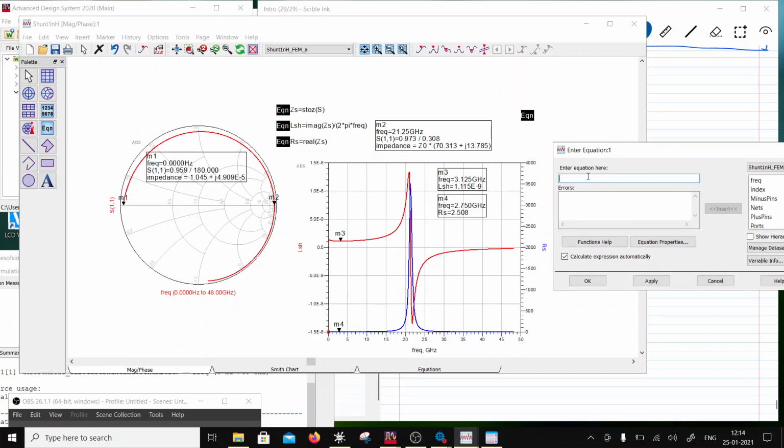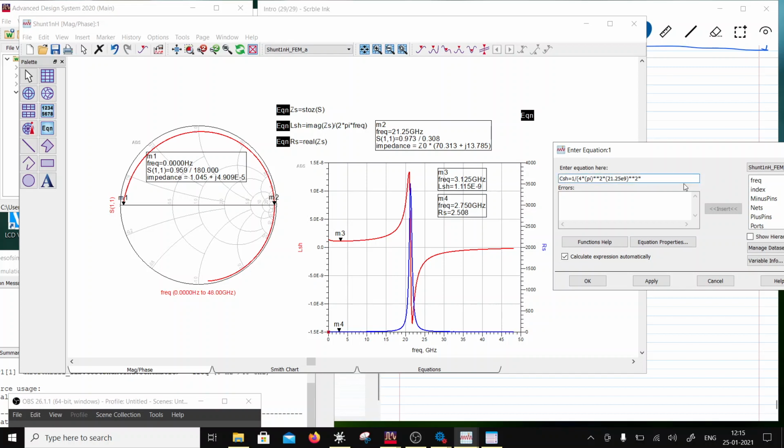So the shunt value of capacitance, CSH, will be equal to 1 divided by 4 pi square times the frequency square, which is 21.25 gigahertz, into the L value.